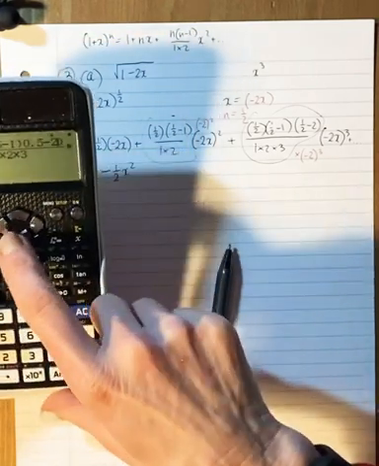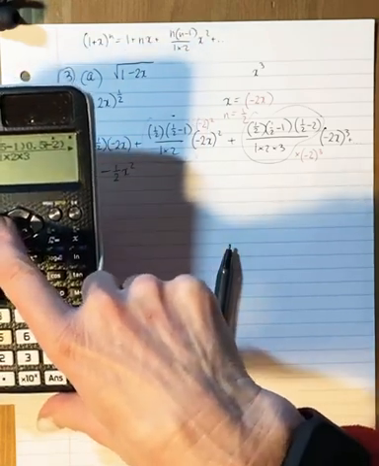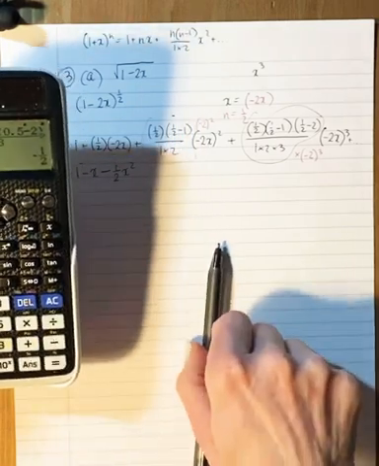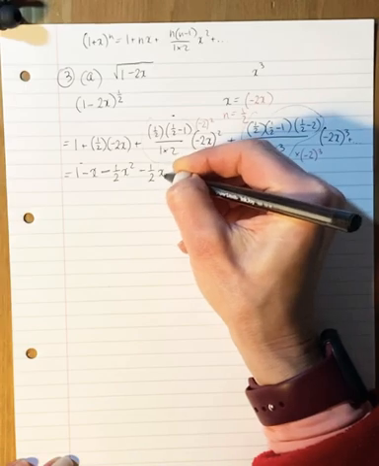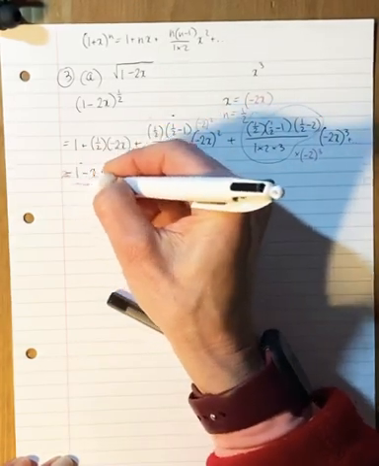Oh, I think I need to put the times symbol there. Oh no, I forgot the brackets here. Maybe it will like it now. Yes, so the answer is -1/2. There you go. So this is equal to approximately this expansion.